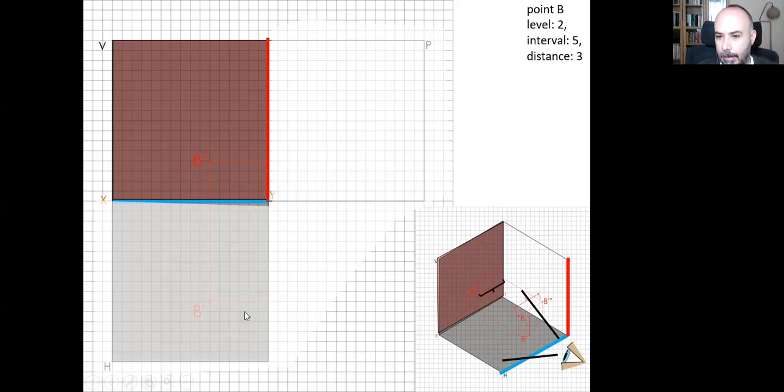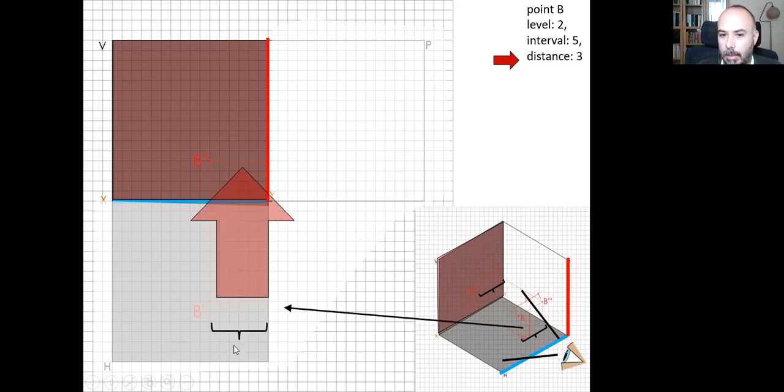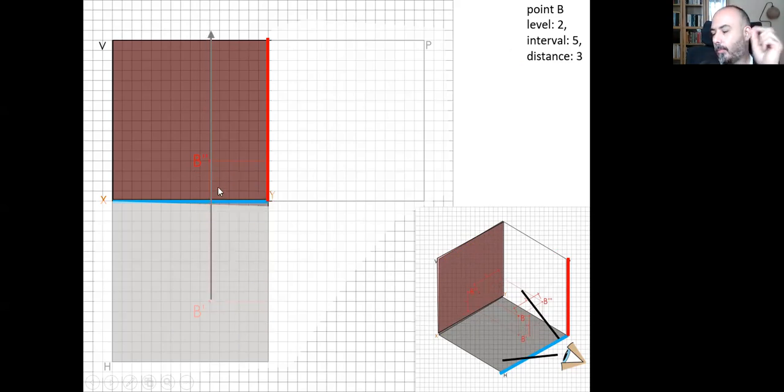And I need this length here. It was the distance, but I don't need to count three squares one more time because I already did that. It is right on my drawing here. So I just need to transport this length up to the upper part. Just draw this line with a thin gray line.